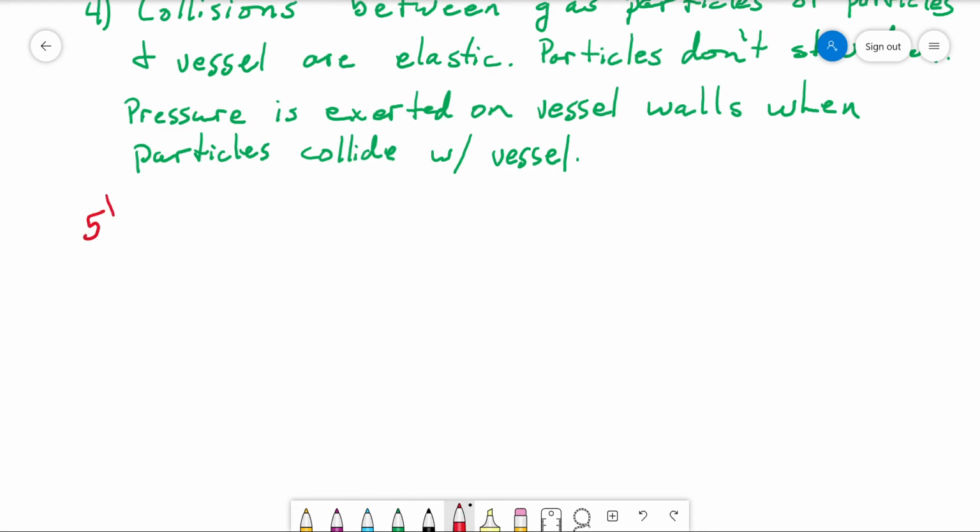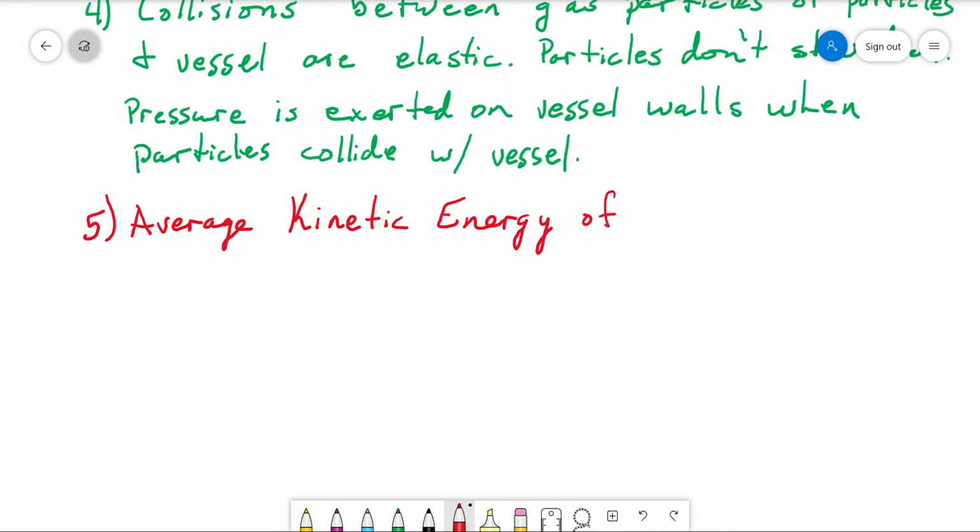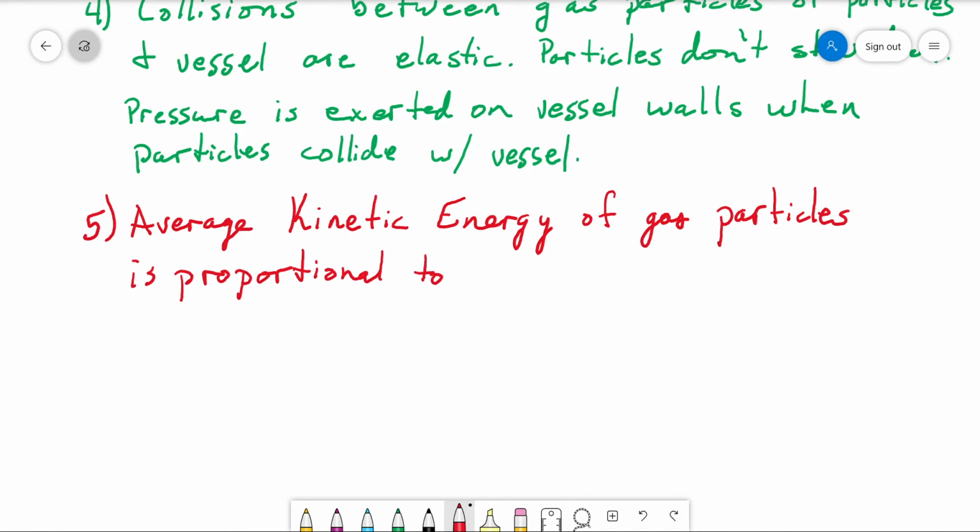And number 5, average kinetic energy of gas particles is proportional to the Kelvin temp.